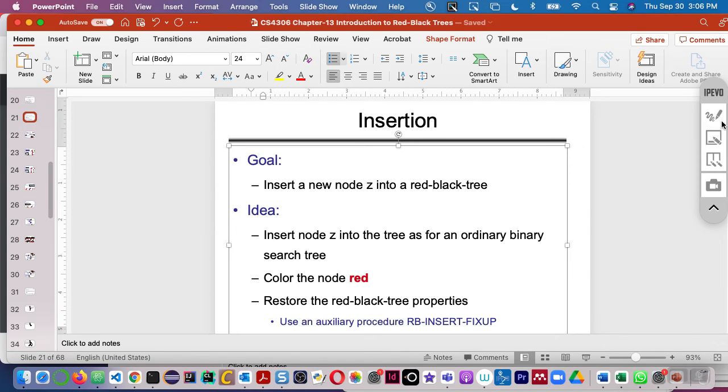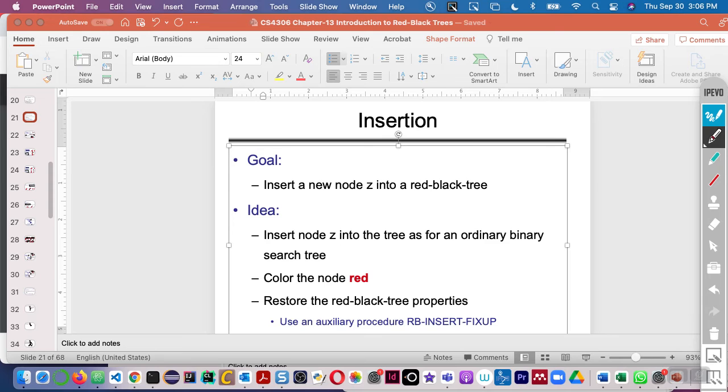So for instance, we got an element, maybe 1, so make it red. And if it is the first and only element, that is the root, right?